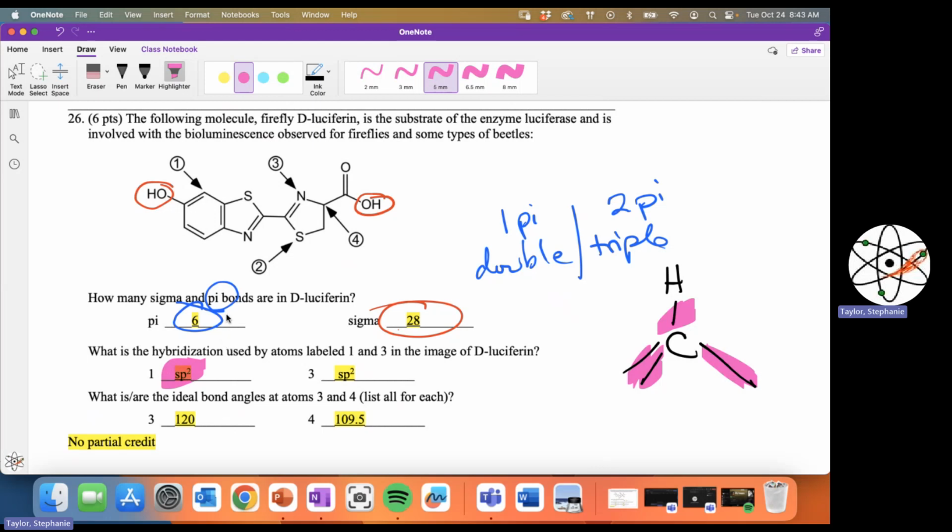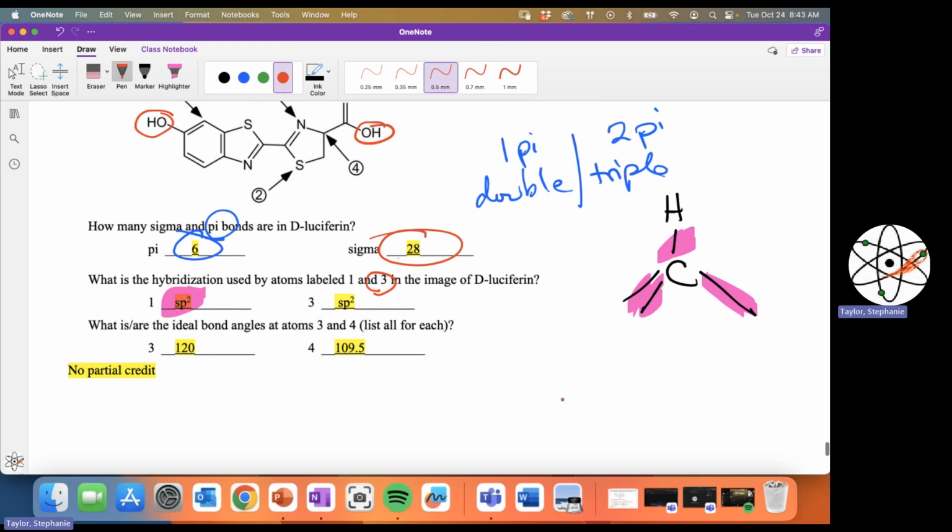So that's what that is. And then 3 is this nitrogen. My nitrogen has a double bond, a single bond, and a lone pair. We do assume that nitrogen has 1 lone pair. So this is 1, 2, 3, also sp2 hybridized.